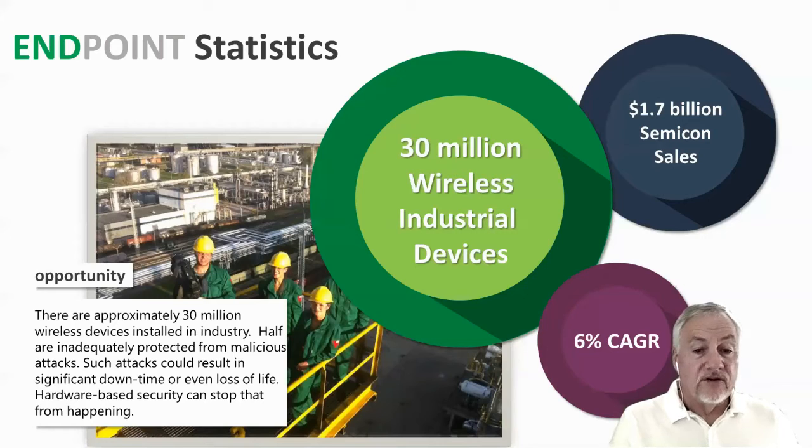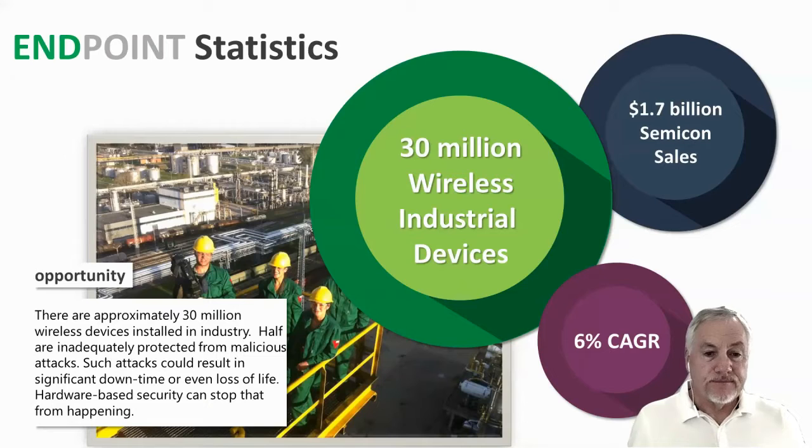So we took a look at how to try to solve this problem. It's not easy because with wireless devices, it's not even easy to detect an attack because the attack is usually that someone imitates the wireless device and it looks perfectly natural to the network to be communicating with them. But there's about 30 million wireless industrial devices installed today.